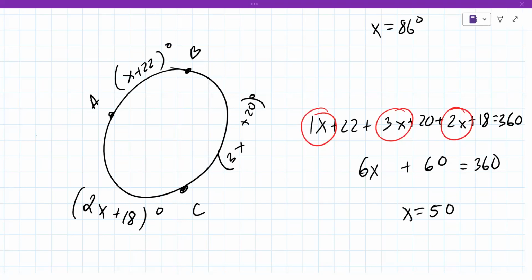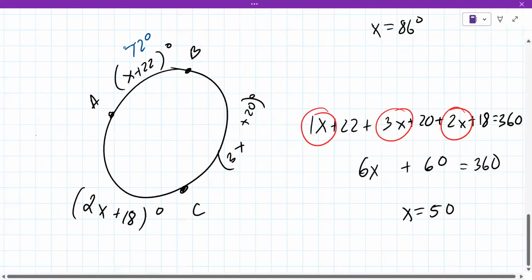So for A, it's 22. The letters are not related to this. You have to put in X. What value? 50 plus 22. Okay, what does that become? It is 72. Good.